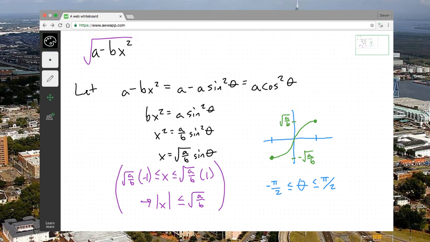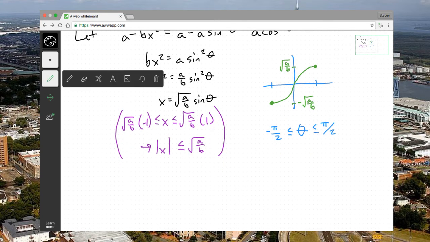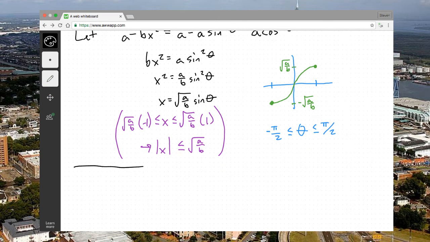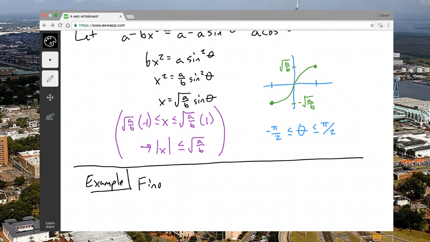Let's see this in action. For example, let's find the integral of 4 minus 25 s squared to the -3/2 power with respect to s.